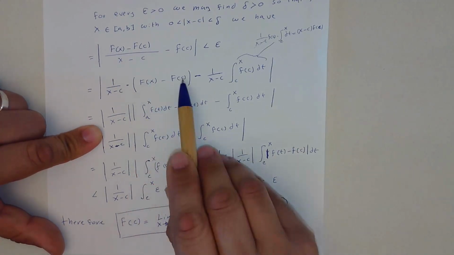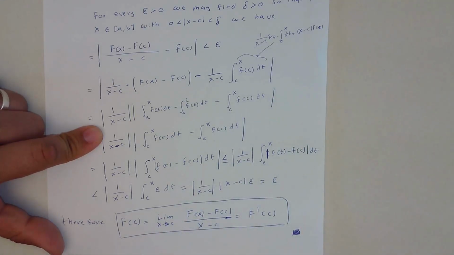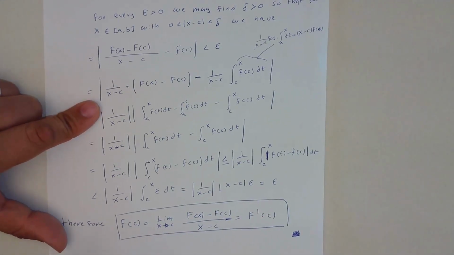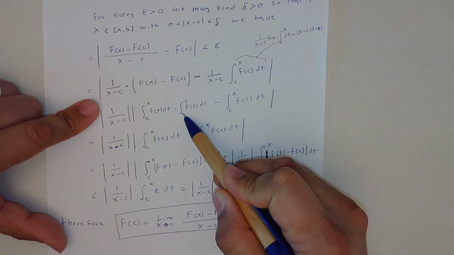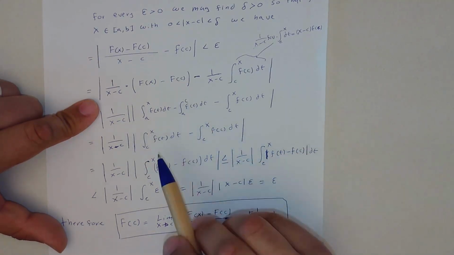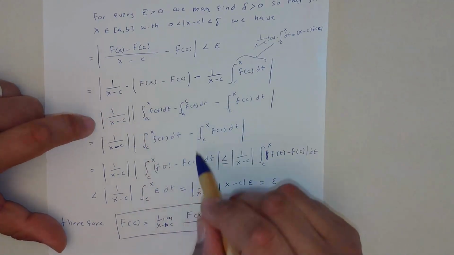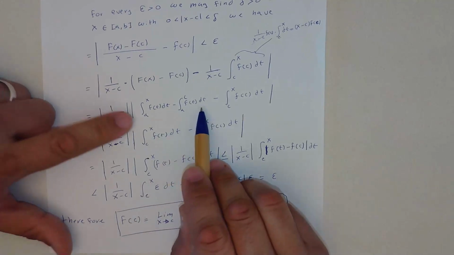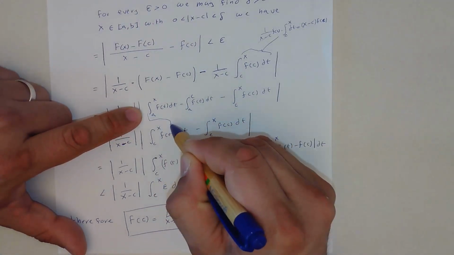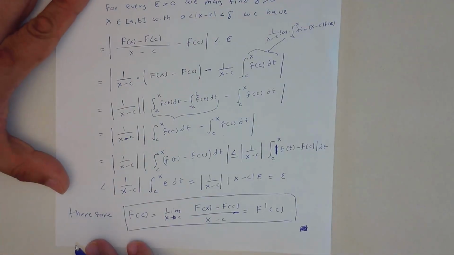So I put the integrals here in this form, and I also have the integral of f of c. Again, we see that we have the a and the a. I can also change the sign here and move this ahead, and I will write all this as one integral, which is this one, right?